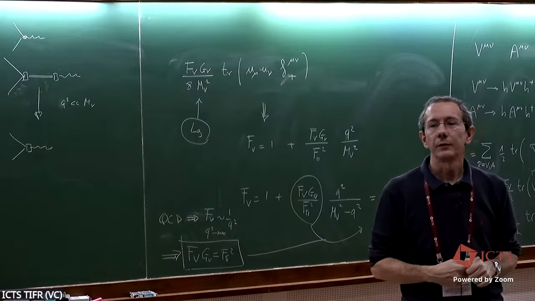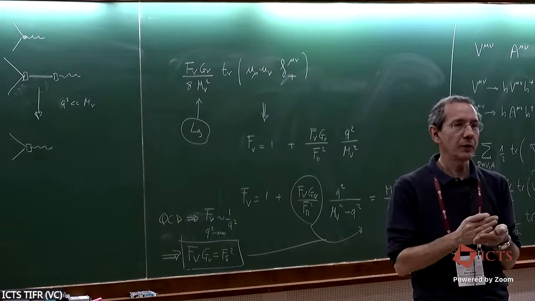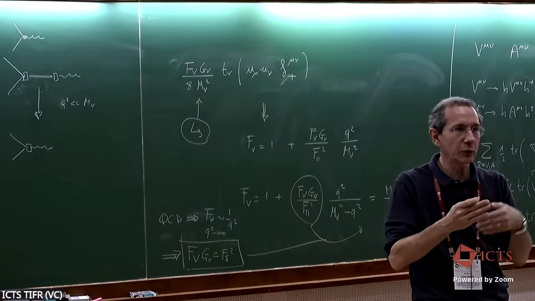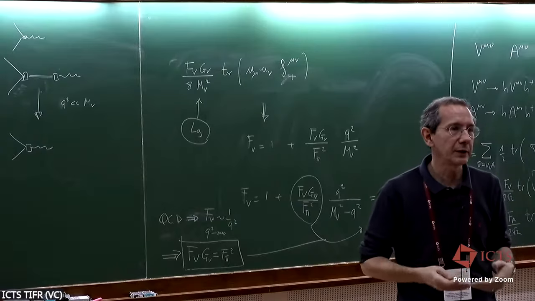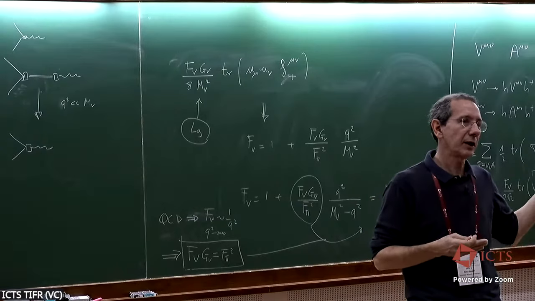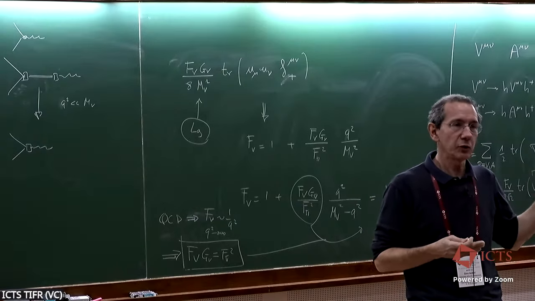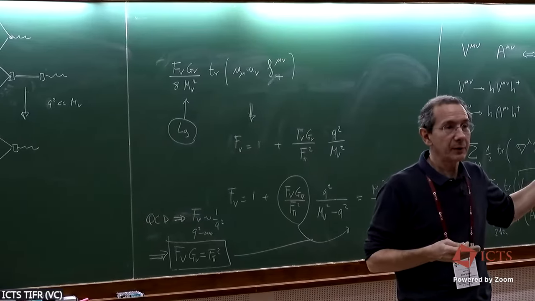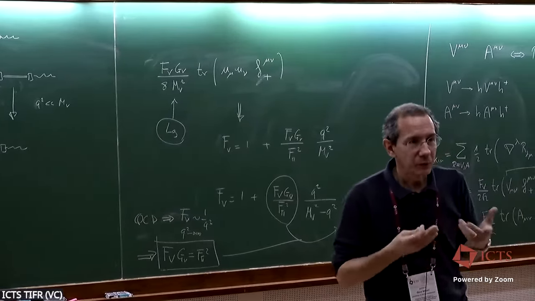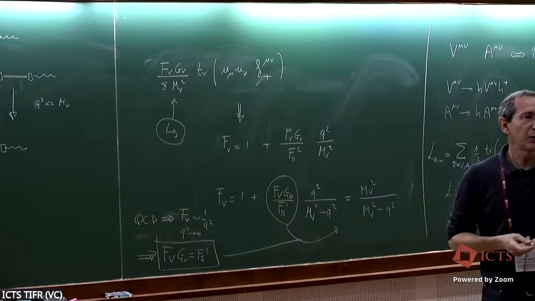So the assumption that the sum rule is saturated by the lowest lying resonance is an assumption, which however makes sense, because it would be a fine tuning to do otherwise. The lowest lying resonances are those with the biggest contribution, those with the bigger coupling to the pion. Then it would be weird not to do it with the lowest resonances.